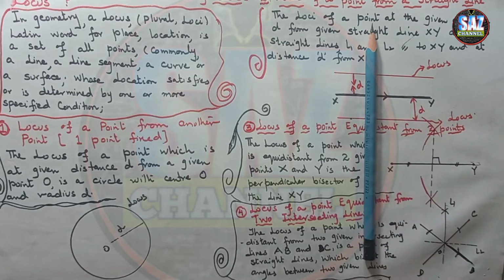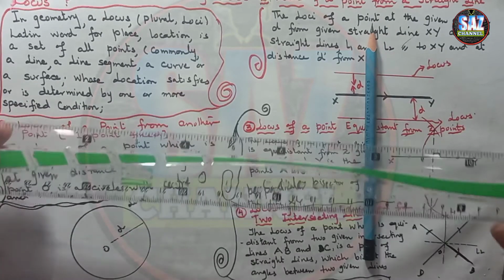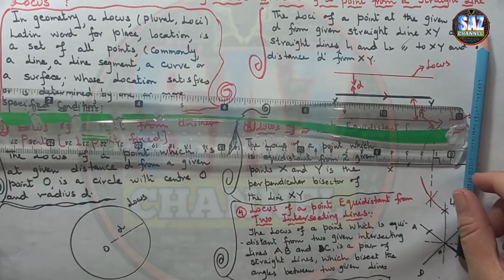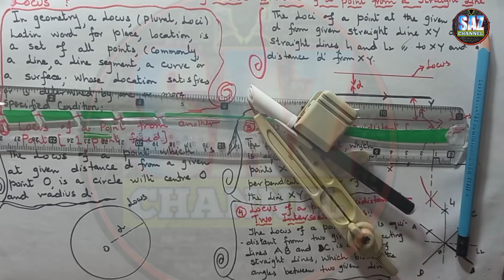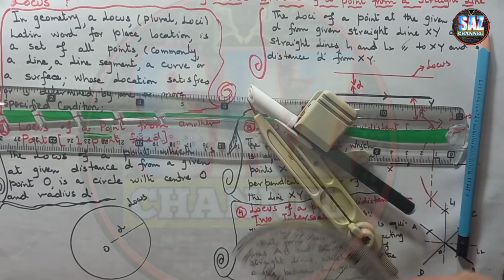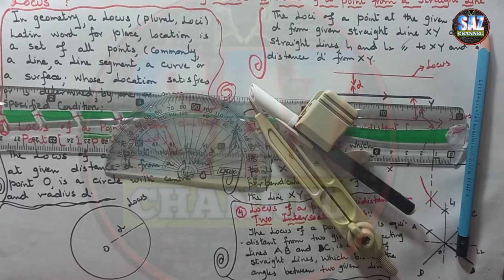The second important thing is the ruler, then the pair of compasses, then the protractor, and then the sharpener, razor and scissors. These are the objects which are required for the construction of geometrical shapes.